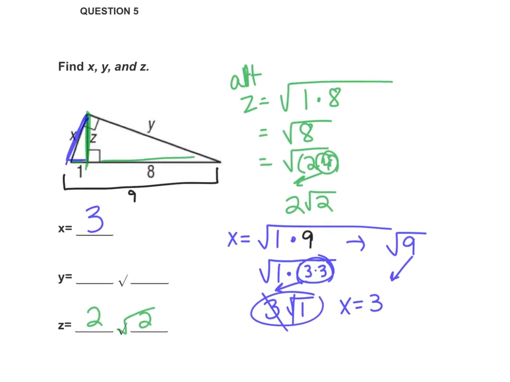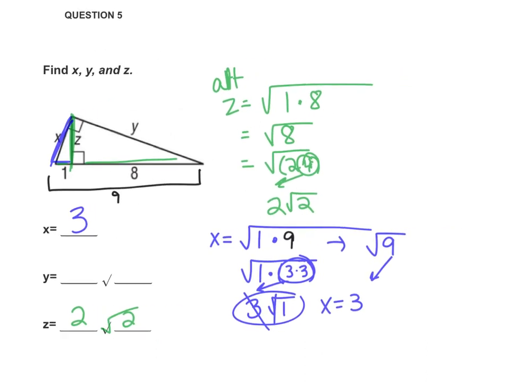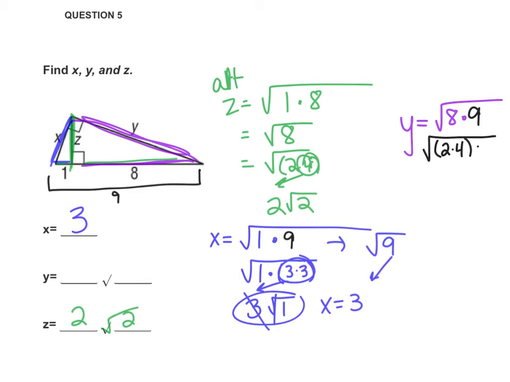Okay, and then with y, we have our y here, the square root of our part 8 times our whole 9. Okay, so here I'm going to break this down. So 8 is 2 times 4. 9, remember we just did that, is a perfect square.